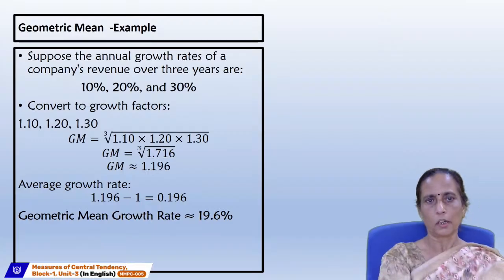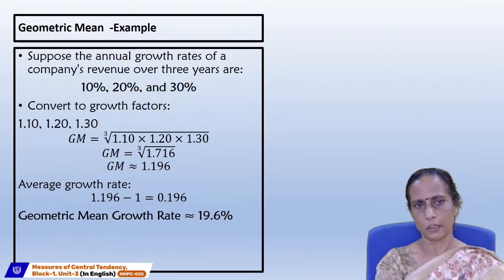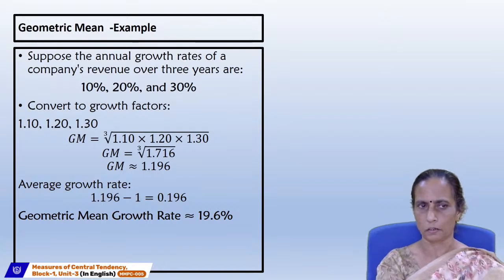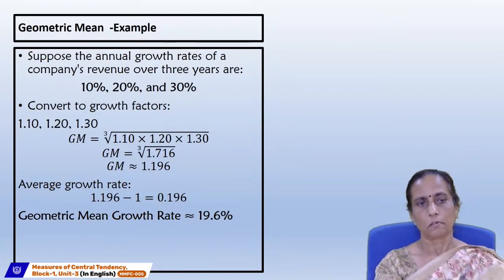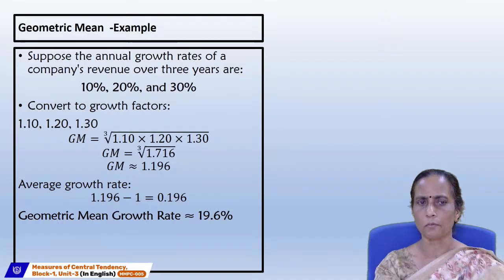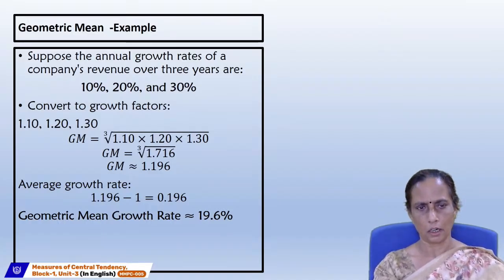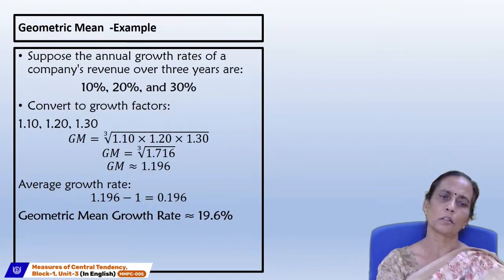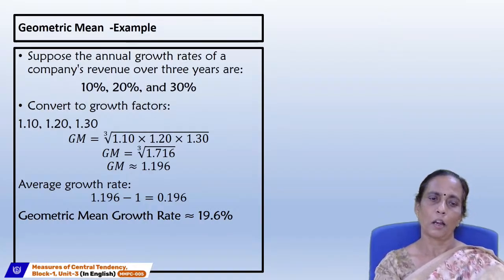So suppose say your annual growth rates of a company's revenues over 3 years are 10%, 20%, and 30%. I will be converting this into growth factors like 1.10, 1.20, and 1.30. So my geometric mean of it is the cube root of 1.10 into 1.20 into 1.30, and that is coming around 1.196.